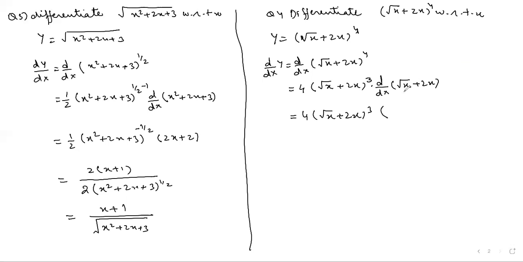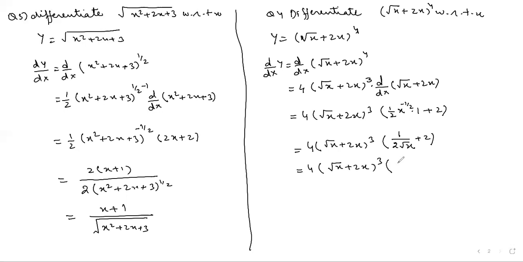Now, the derivative of under root x is 1 over 2, x power minus 1 by 2, into 1 plus, and the derivative of 2x is 2. This one is 1 over 2 under root x plus 2. 4 times under root x plus 2x power 3, 1 plus 4 under root x divided by 2 under root x.